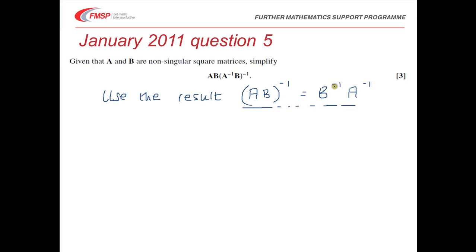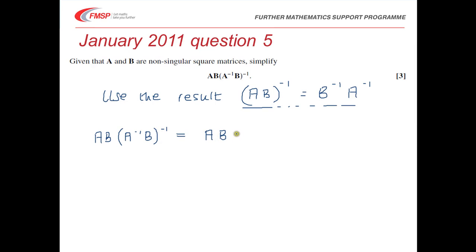in this question. So we'll take the expression that we're given, AB times the inverse of A inverse B, and what I'm going to do is I'm going to now replace the inverse of this using this result.